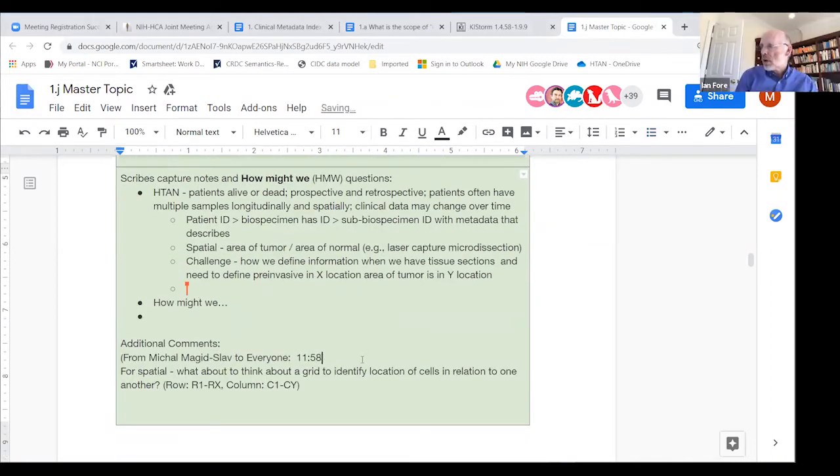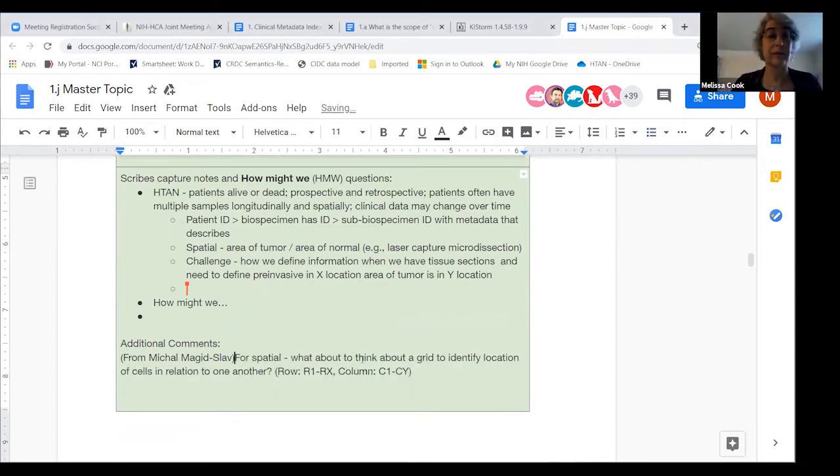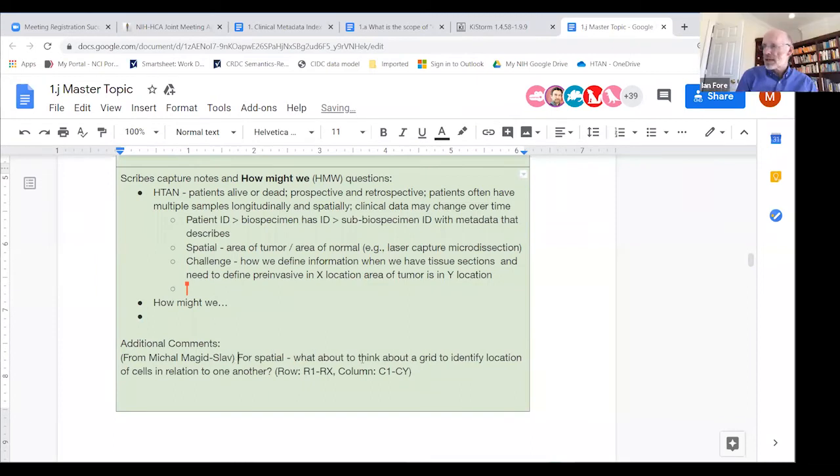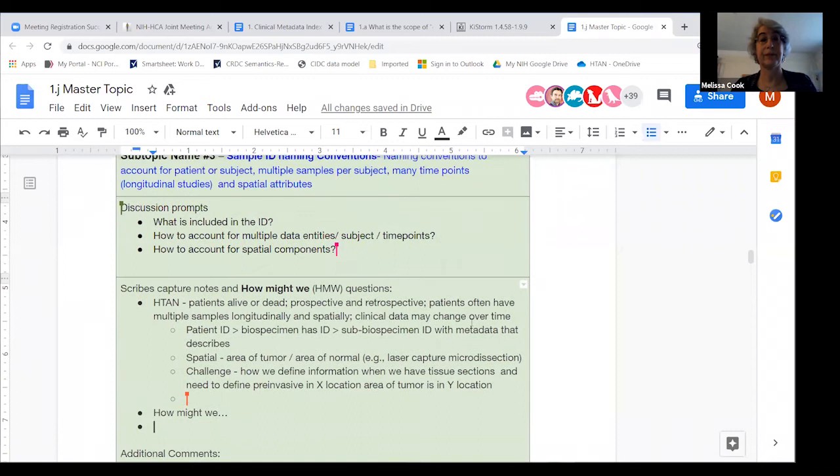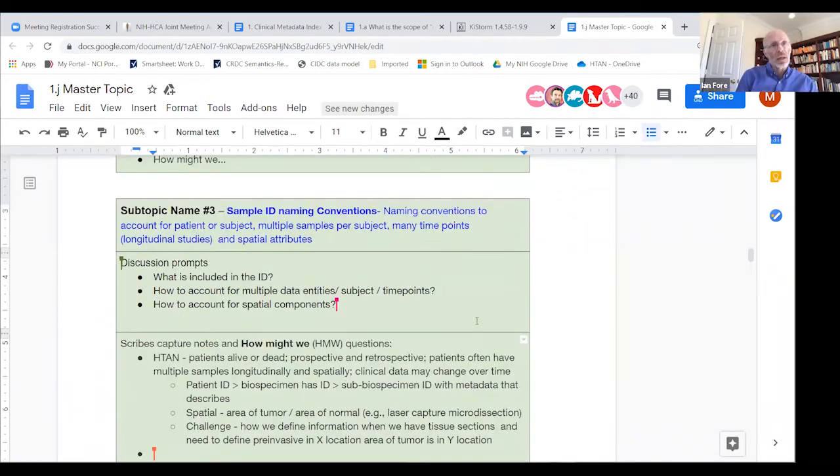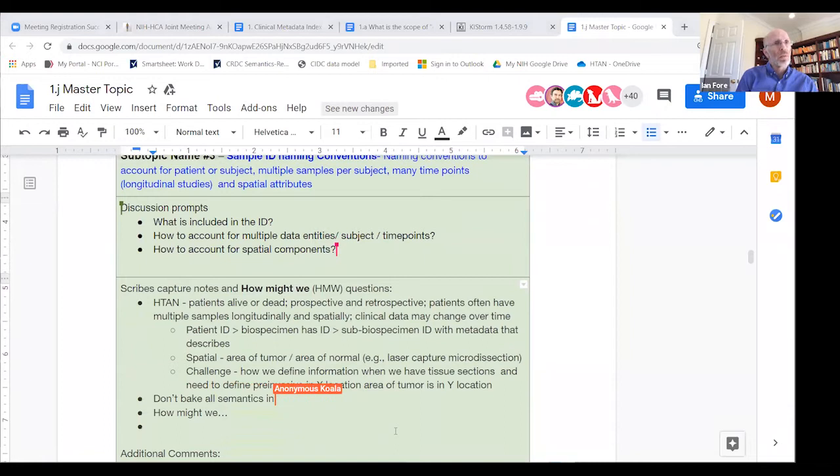But to crystallize this, I think Tony's comment echoes my comment, which is, hopefully we get away from baking all the semantics into the sample name. With TCGA, certainly, there's experience over that time about the problems that occurred with an increasingly long sample identifier, which was trying to do two things.